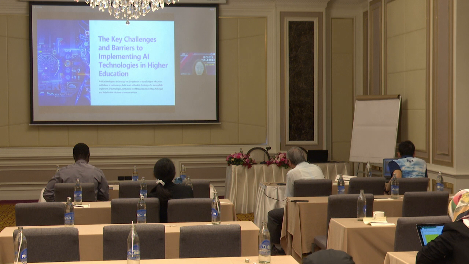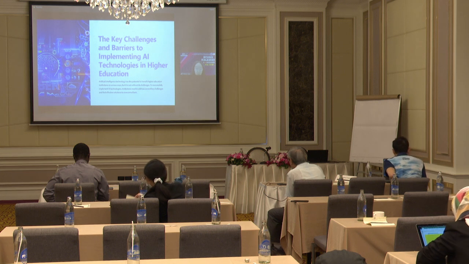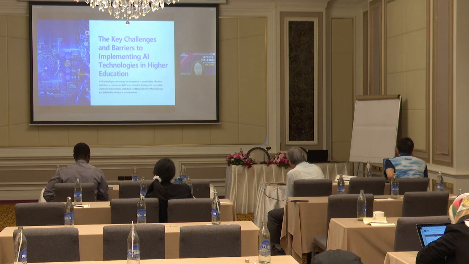Artificial intelligence technology has the potential to benefit higher education institutions in various ways, but it is not without its challenges. To successfully implement AI technologies, institutions need to address several key challenges and find effective solutions to overcome them.